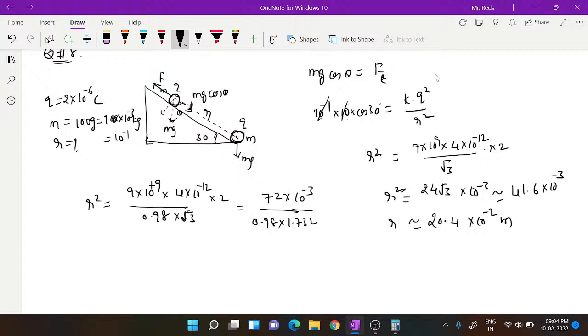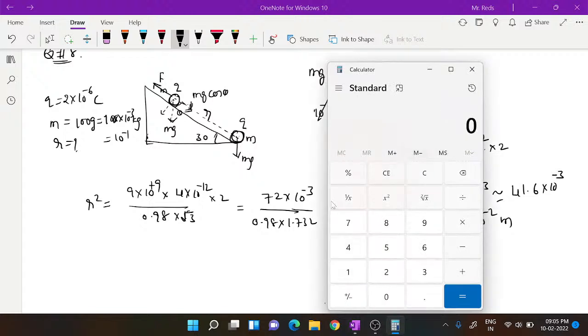So in simplifying this further, 0.98 into 1.732, 1.67 is right. So 72 divided by this.